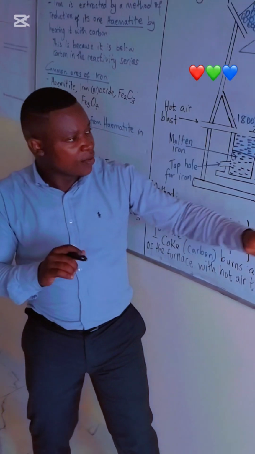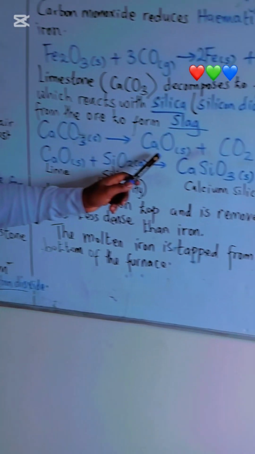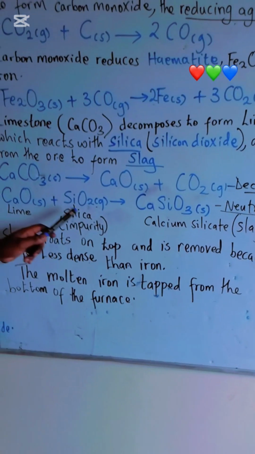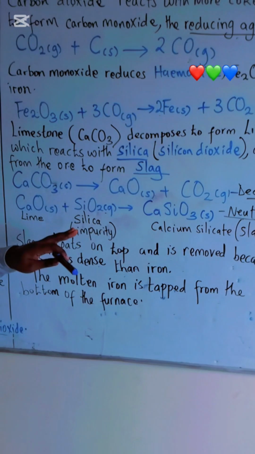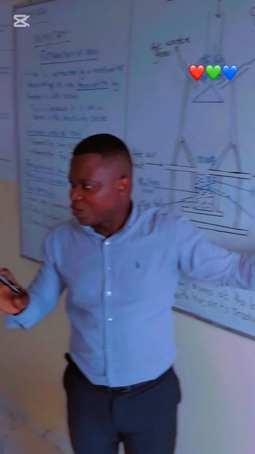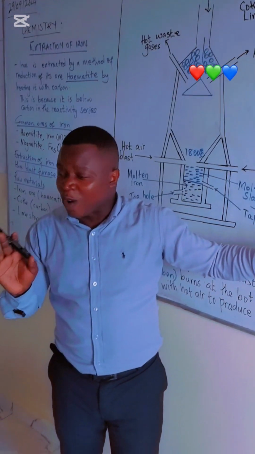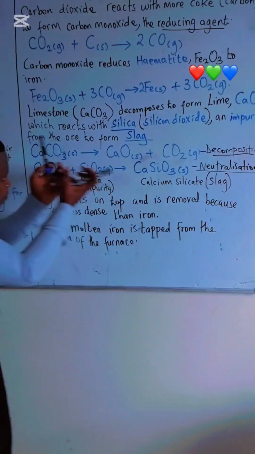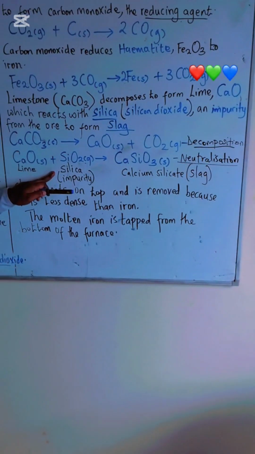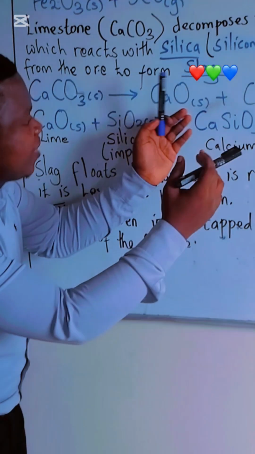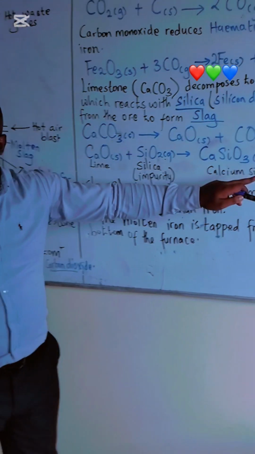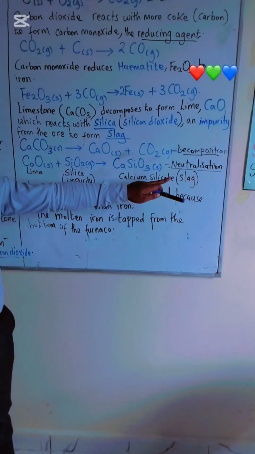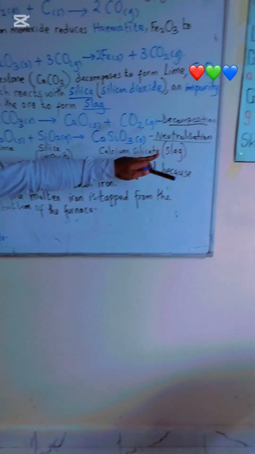Okay? Now, the calcium oxide formed is called lime. It combines with the impurity. We don't want the iron that is impure. We are going to use it for commercial purposes. So the calcium oxide will capture that impurity, silica, to form calcium silicate. This reaction is a neutralization reaction.